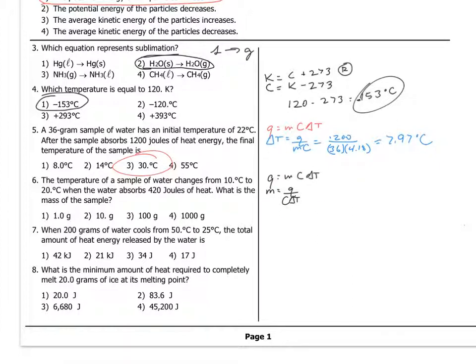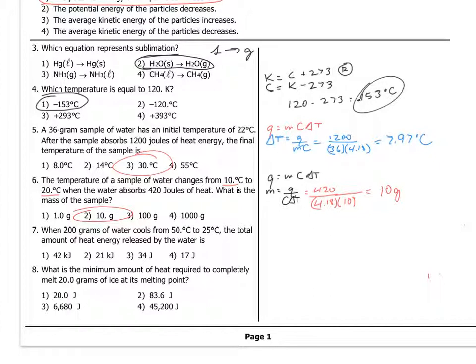And now I can plug in my variables. I have a heat of 420 joules. The specific heat capacity for water is 4.18, and the change in temperature is 10, meaning that we went from 10 to 20, so the change is 10. And I'm getting a value of 10 grams.